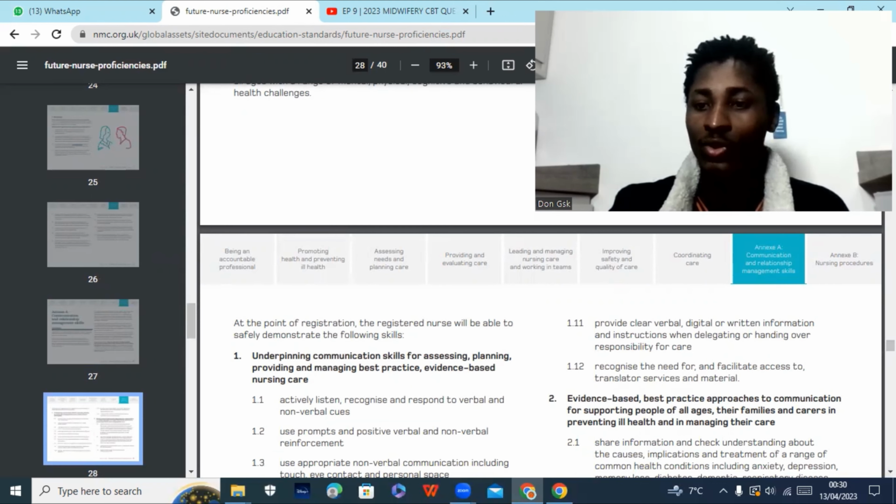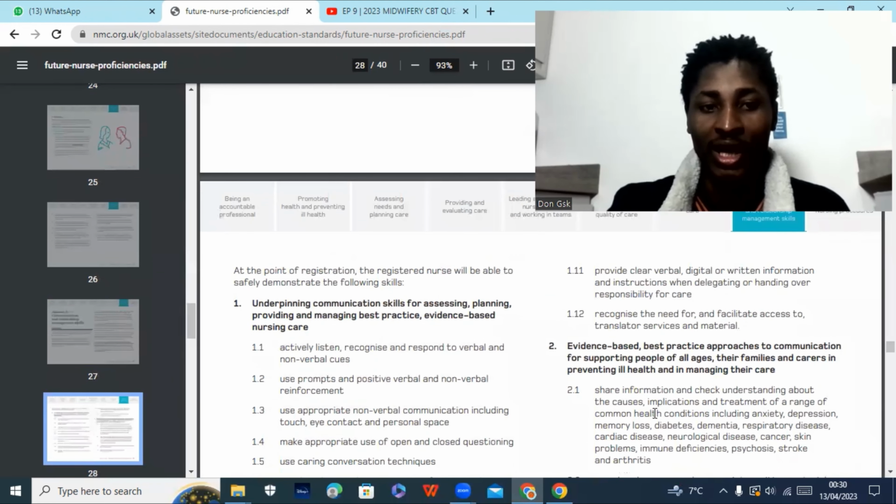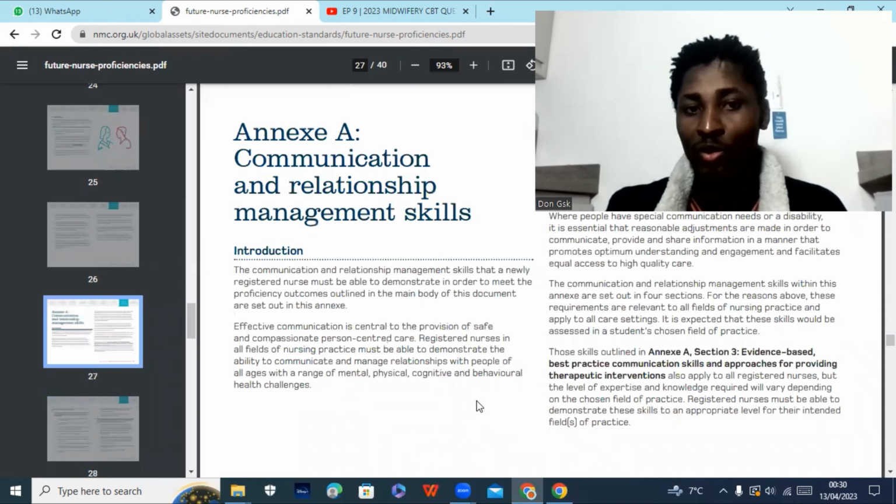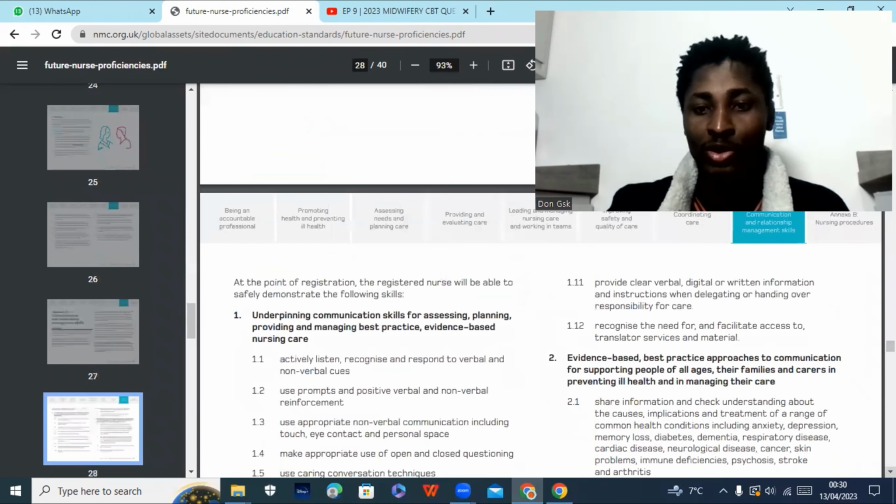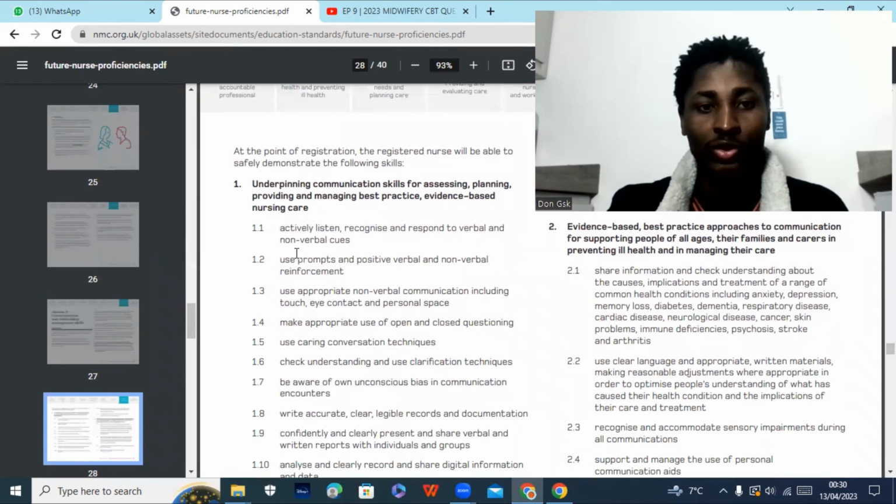If you look at Annex A, which is about communication and relationship management skills, what you need to know about that one. So actively listen, recognize and respond to verbal and nonverbal cues. 1.2, use prompts and positive verbal and nonverbal reinforcement. 1.3, use appropriate nonverbal communication, including touch, eye contact, and personal space. 1.4, make appropriate use of open and closed questioning.